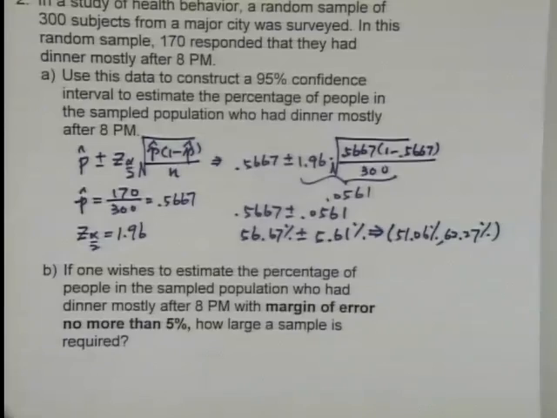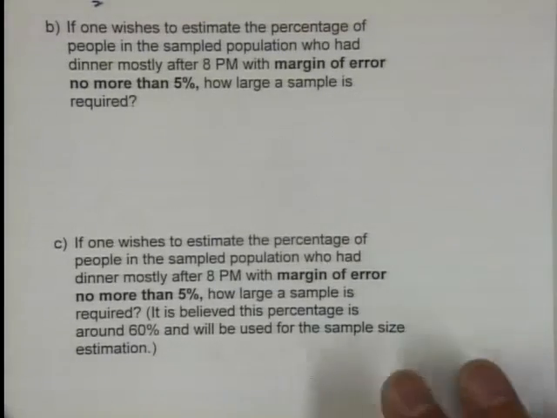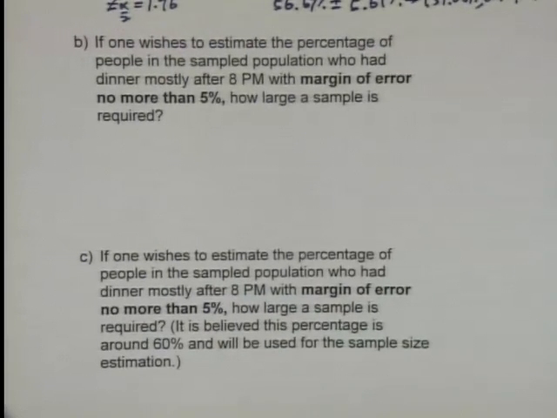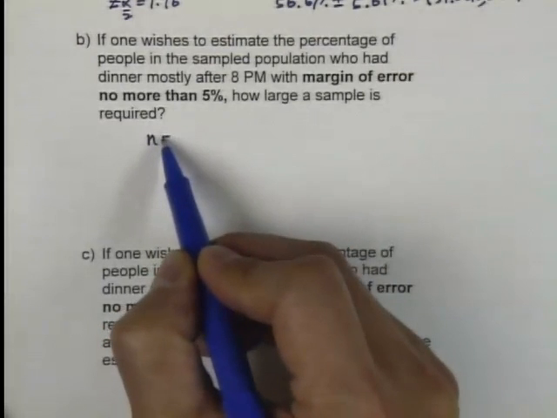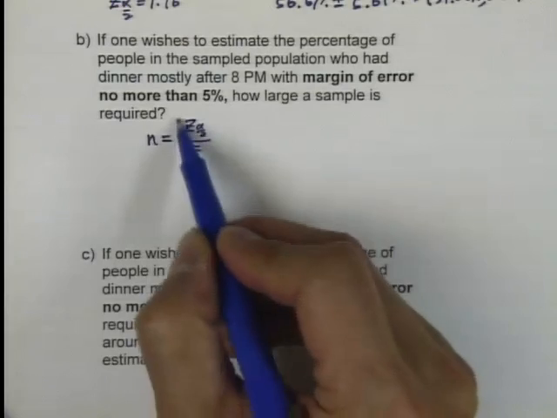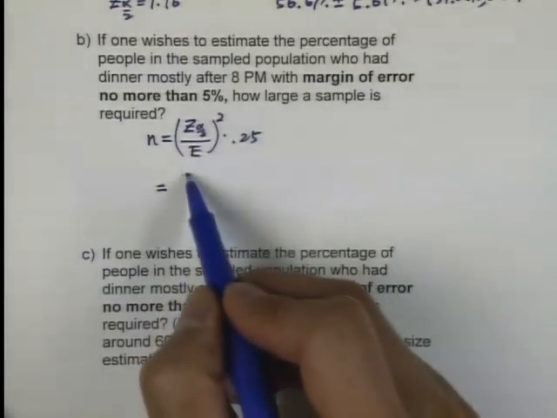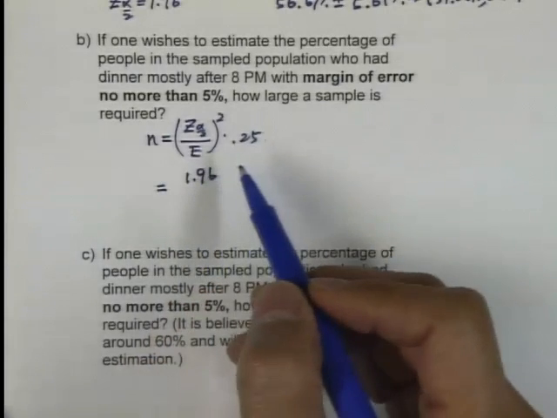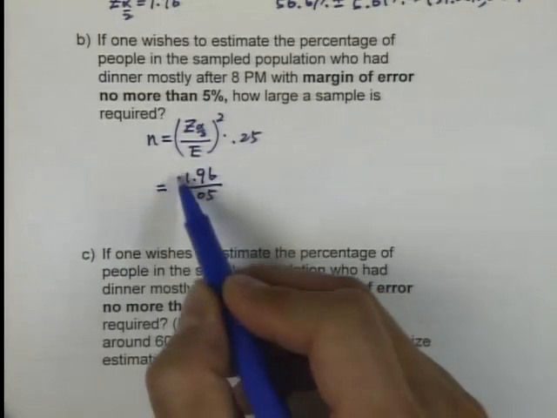Okay. And the next one, again, a sample size issue. If I want to do this estimate with a margin of error of 5%, and I have no prior knowledge about the proportion, what should I do? No prior knowledge, that's fine. If I know my z-score and margin of error, I square z over the margin of error and multiply by 0.25. So the z-score for 95% is 1.96, and the margin of error I want is 5%, 0.05.